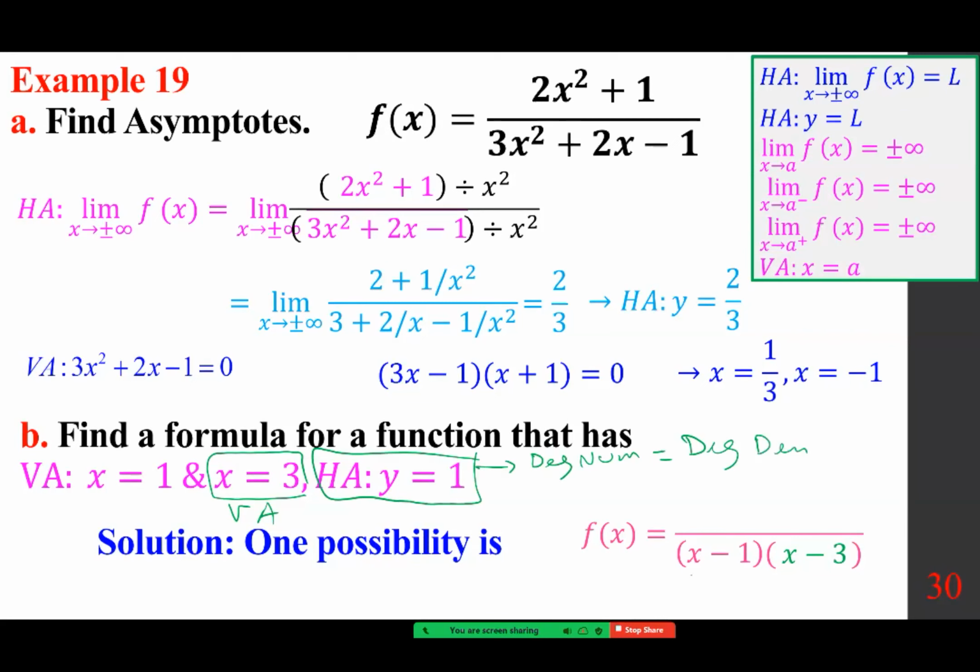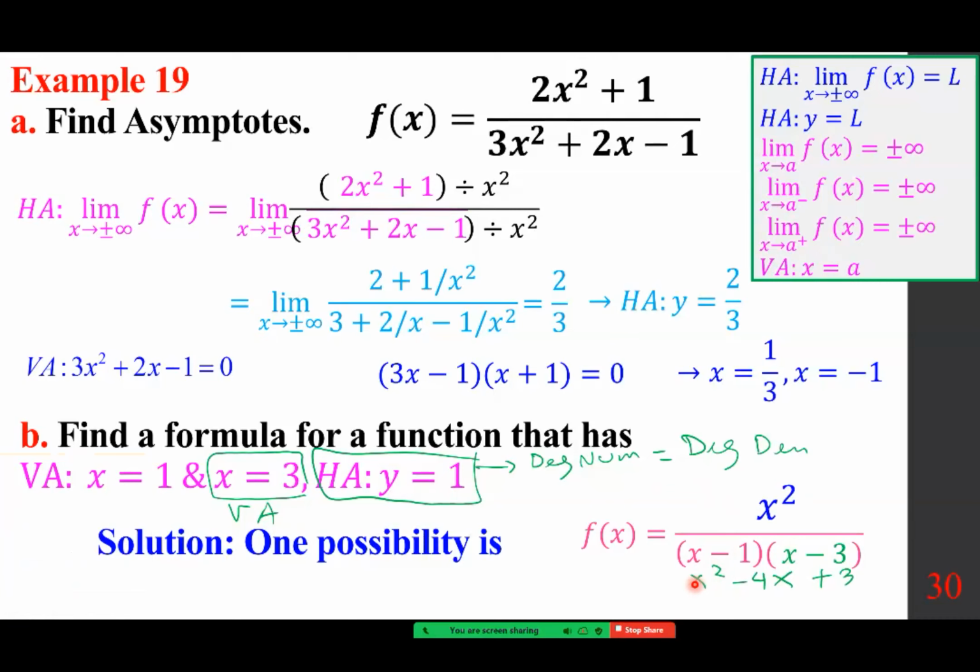As you can see, the denominator is x squared minus 4x plus 3. So this must have some sort of x squared at top. And because it's 1, the coefficient must be the same, so we can put x squared.